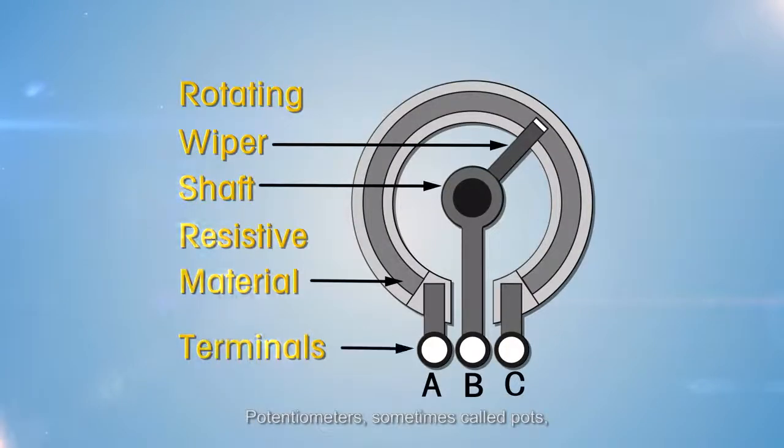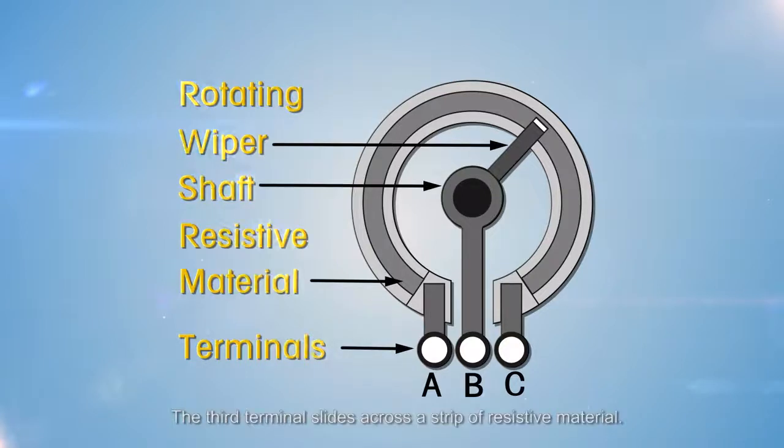Potentiometers, sometimes called pots, are relatively simple devices. One terminal of the potentiometer is connected to a power source, and another is hooked up to a ground, a point with no voltage or resistance and which serves as a neutral reference point. The third terminal lies across a strip of resistive material.